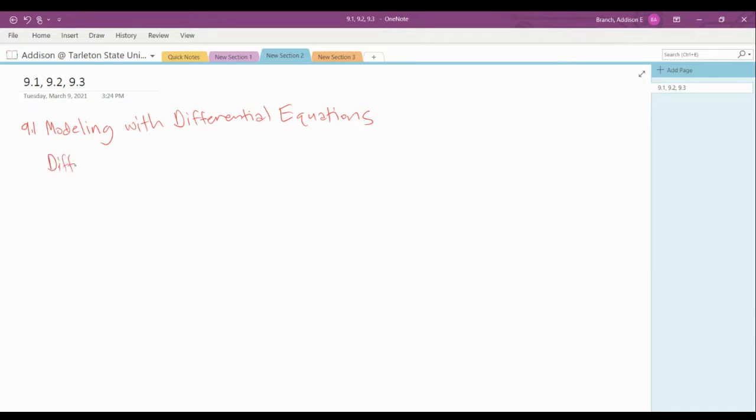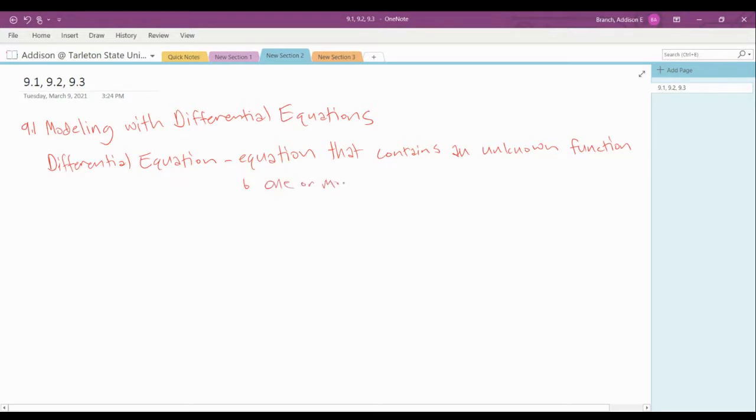A differential equation is essentially just an equation that contains an unknown function and one or more of its derivatives.